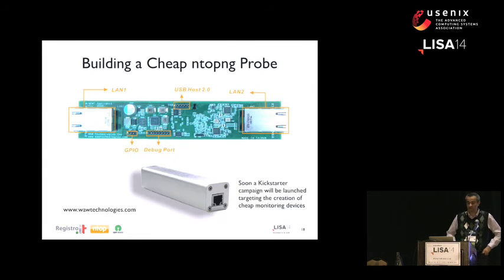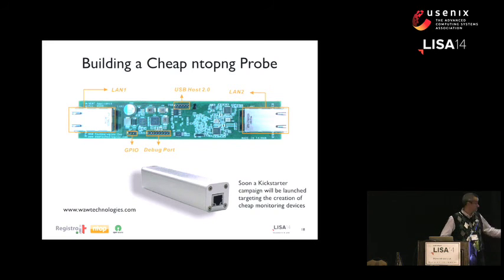The last thing before concluding is the following. We believe in open source, and we believe in software that is cheap or at no cost. And we believe that we need some very small devices, because one part of the thing is the cloud, but there are still people that need the physical devices. So we are trying to find out companies, and this one is one of those that we are working with, that are able to create very cheap devices with two Ethernet interfaces that can be used either inline or for monitoring.